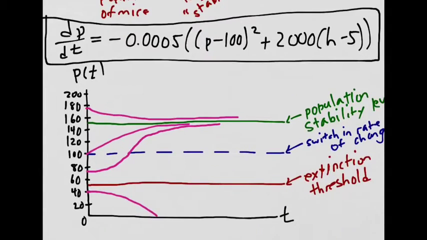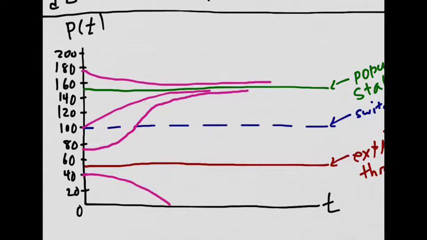So that brings us to this graph down here, which basically shows how the population of the mice will behave as time goes on, given, and this is important, given how many mice are in the barn when the cat shows up.